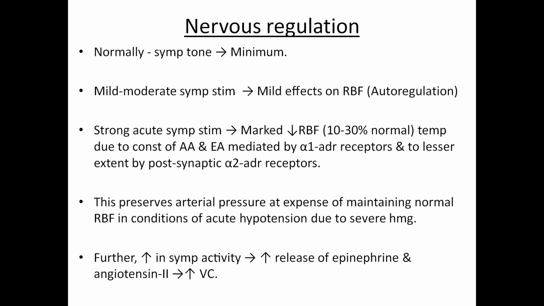At that time, the strong acute sympathetic stimulation will come to the rescue. Further, an increase in sympathetic activity also increases release of epinephrine and angiotensin II, enhancing vasoconstriction. I just told you that these two hormones are responsible for vasoconstriction, thereby leading to a decrease in RBF and GFR.